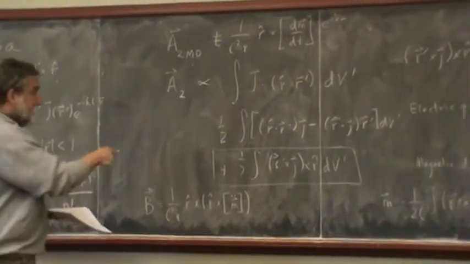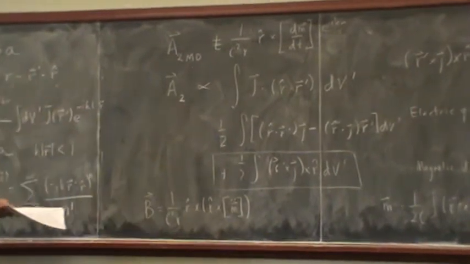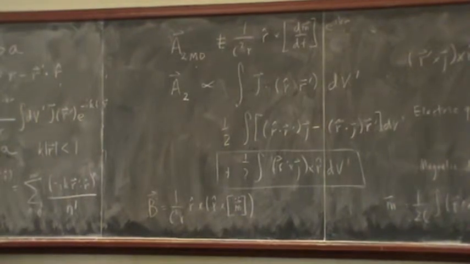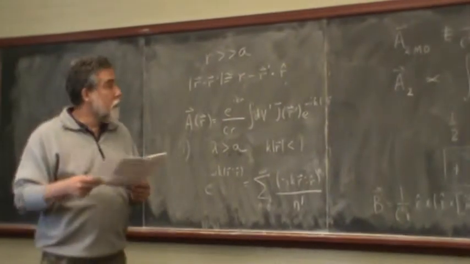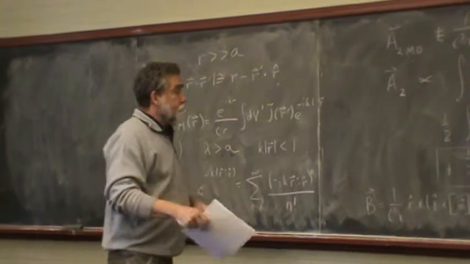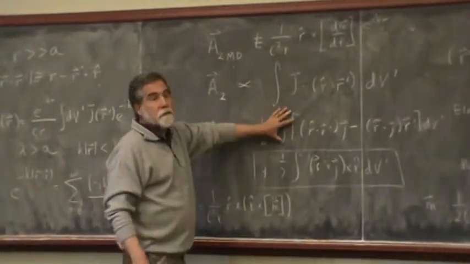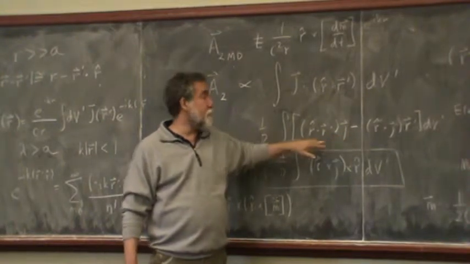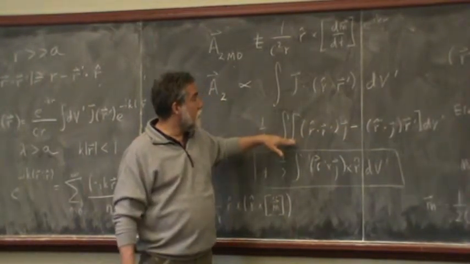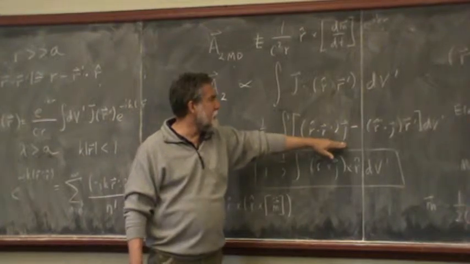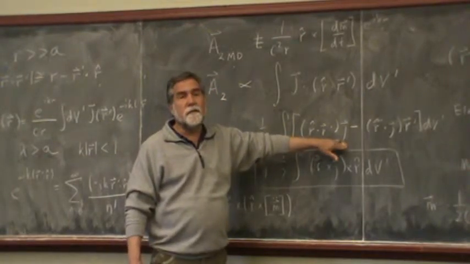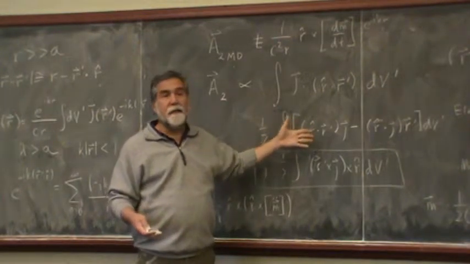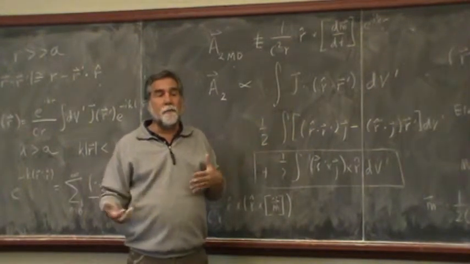The electric field can be deduced by just taking the curl of the magnetic field. And then this next term here, again, we look at the charge distribution, sorry, not the charge distribution, the current distribution, and we calculate the equivalent of the quadrupole moment.